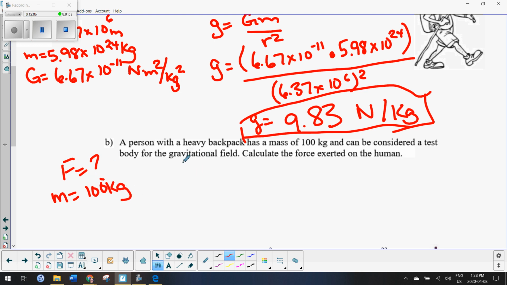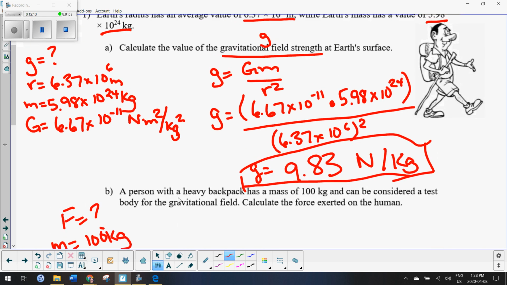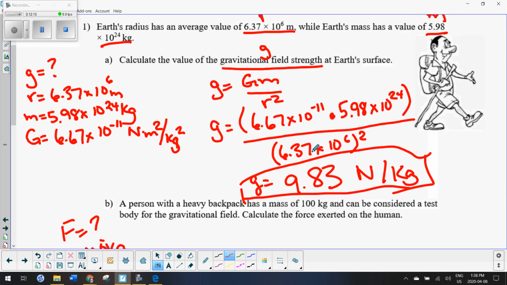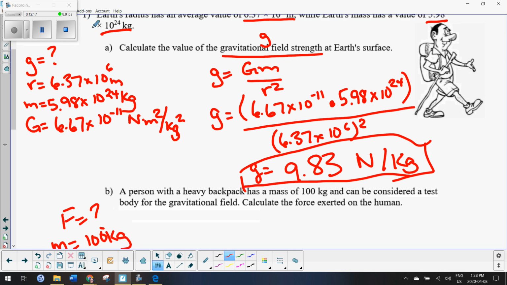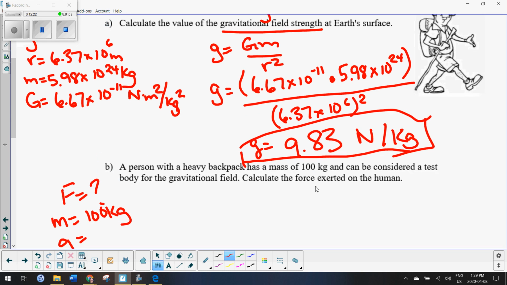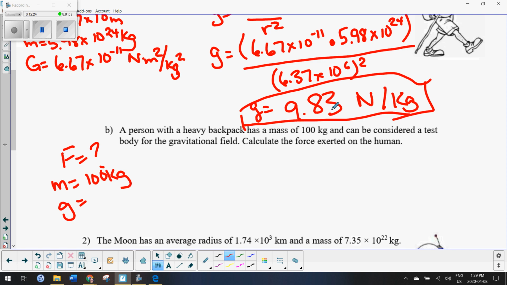And I need to figure out what my gravity is. Gravity was previously calculated, so question 1 is connected to A and B. A is 9.83 newtons per kilogram.